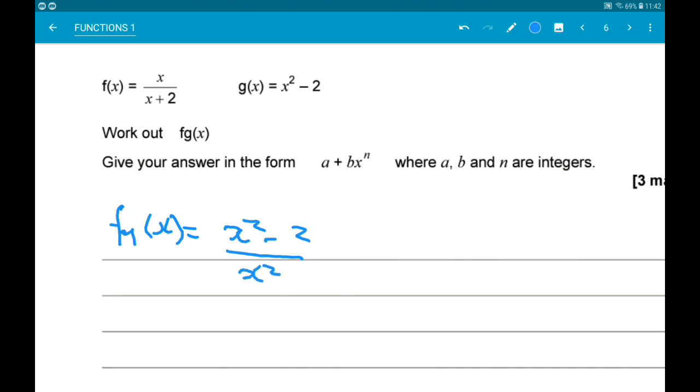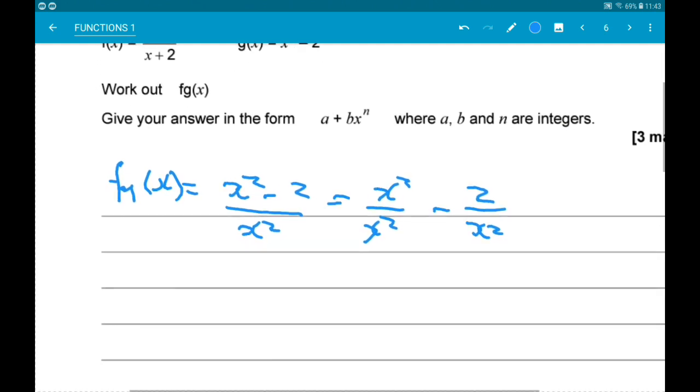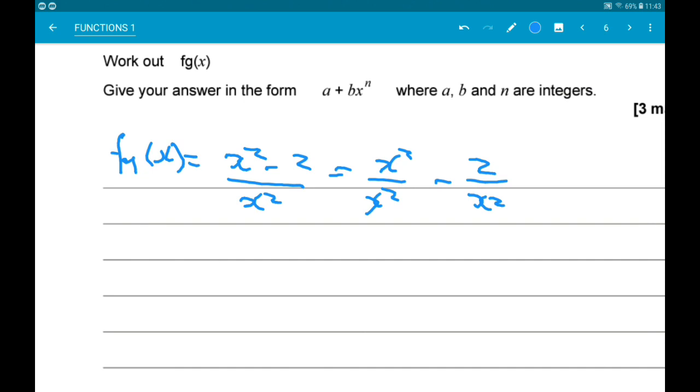Now that, because we have two terms on top, we can split the fraction. So we can say this is x squared over x squared minus 2 over x squared. Now, x squared over x squared is just 1.